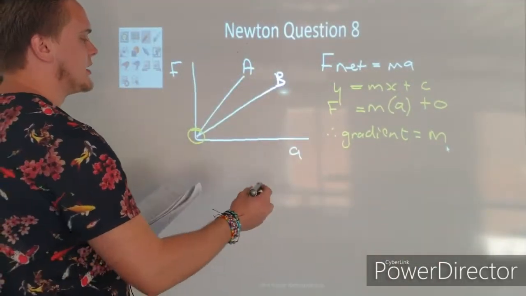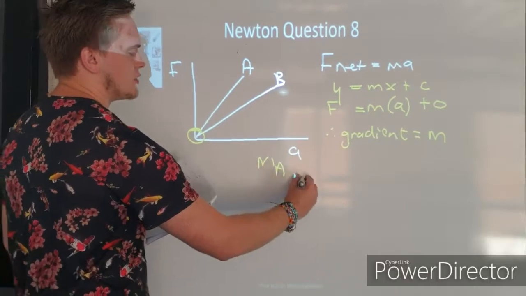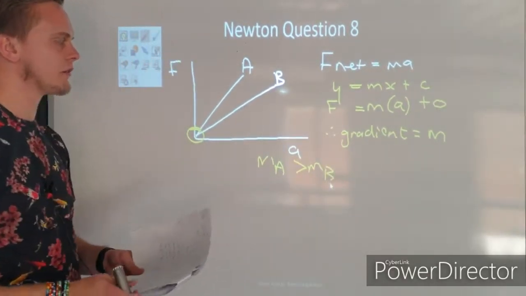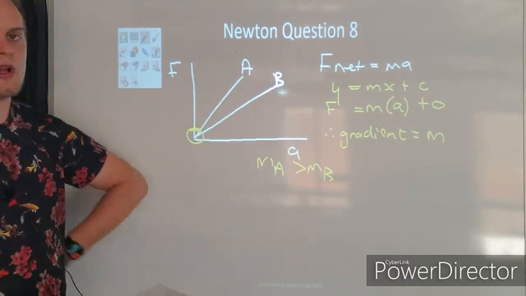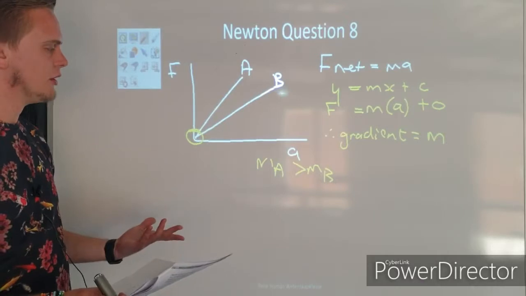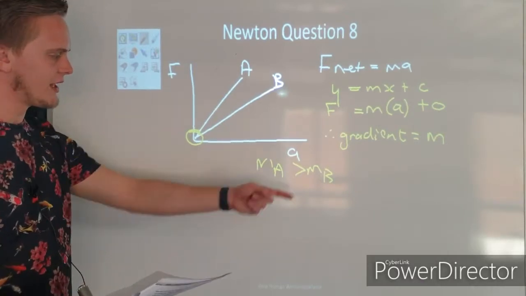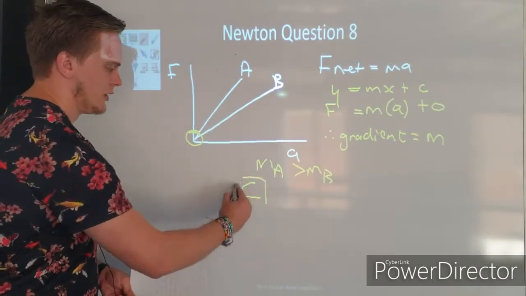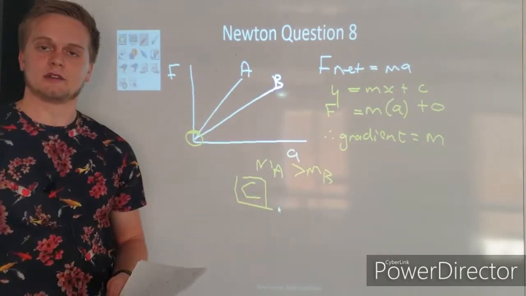So here we can see that the mass of A should be bigger than the mass of B, because of the different slopes that we get here. And then the correct option that fits that statement will be option C, that says exactly that. Cool.